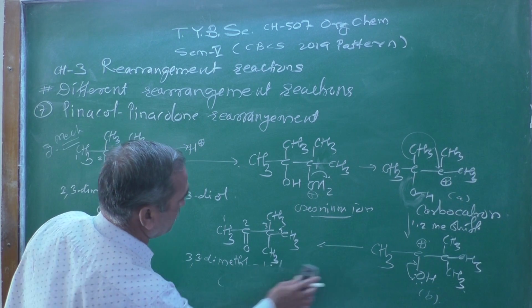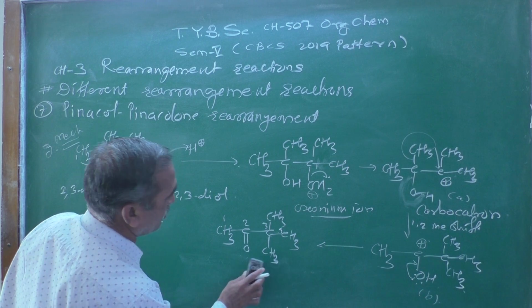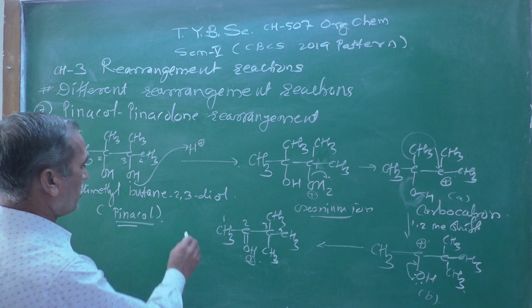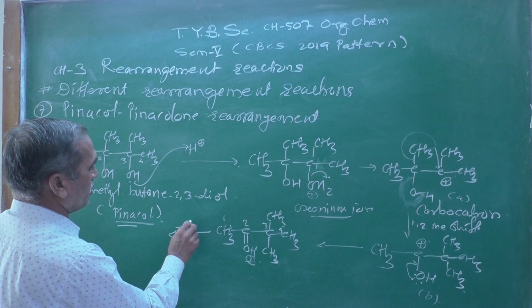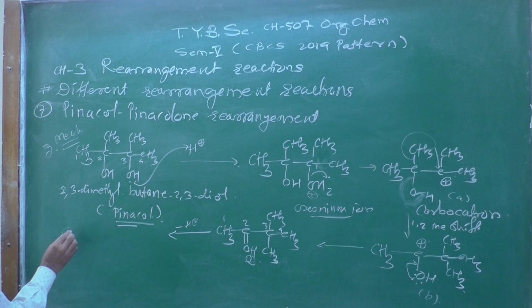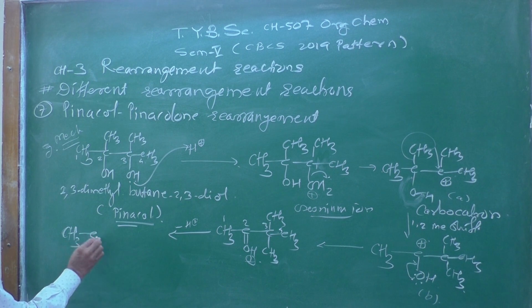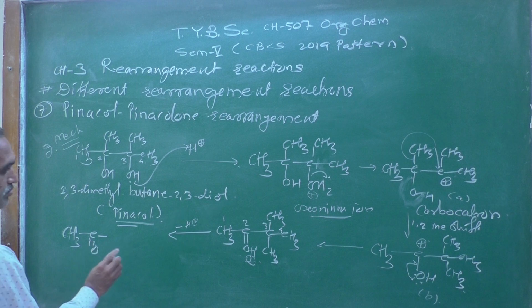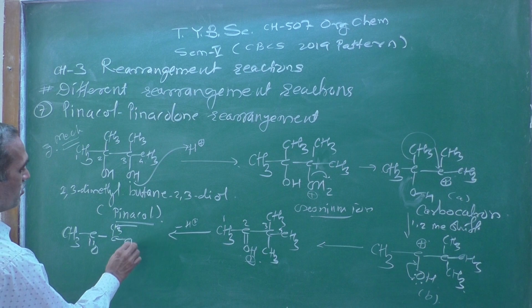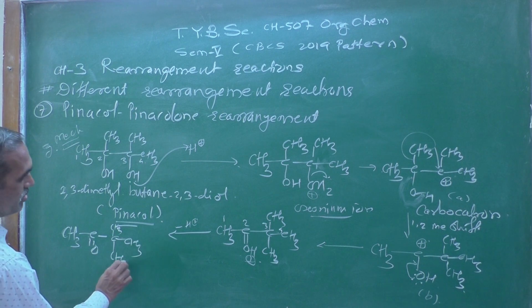Now I am showing one more step over here. From the second oxonium ion there will be a loss of H plus, and we get the final product: CH3, C double bond O, then CH3 and CH3.